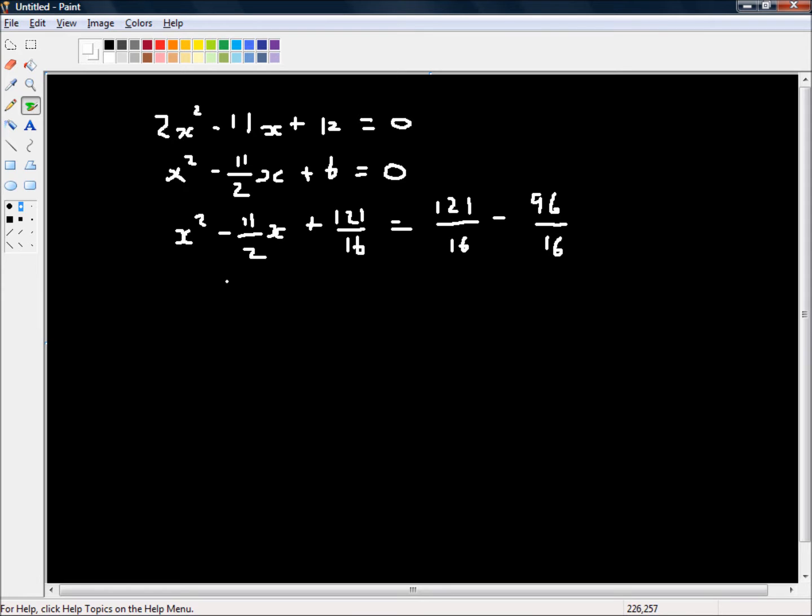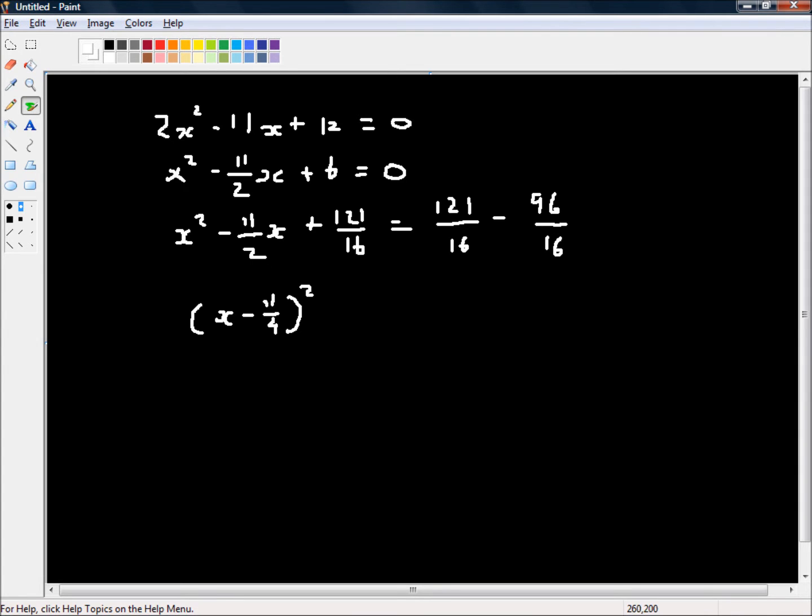Okay, so now the left hand side is a perfect square, so we can go ahead and factorize that. So that's x minus 11 over 4 squared.